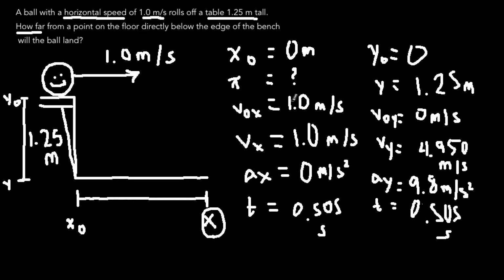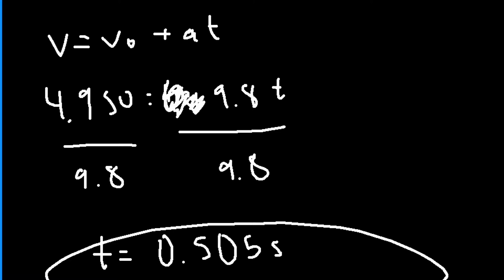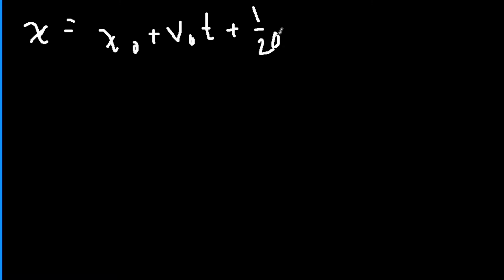With this information we can actually solve for x using the final kinematics equation, which is x, or really any position variable, x equals x naught plus v naught t plus 1/2 a t squared.